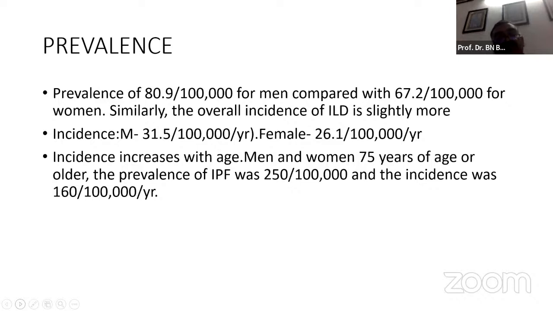You can see on the screen 80 per 1 lakh population for men compared to 67 per 1 lakh population for women. That's the prevalence. So the overall incidence, therefore, is higher among males. And the incidence also increases with age. Men and women over 75 years of age have a higher prevalence as well as higher incidence of interstitial lung disease.